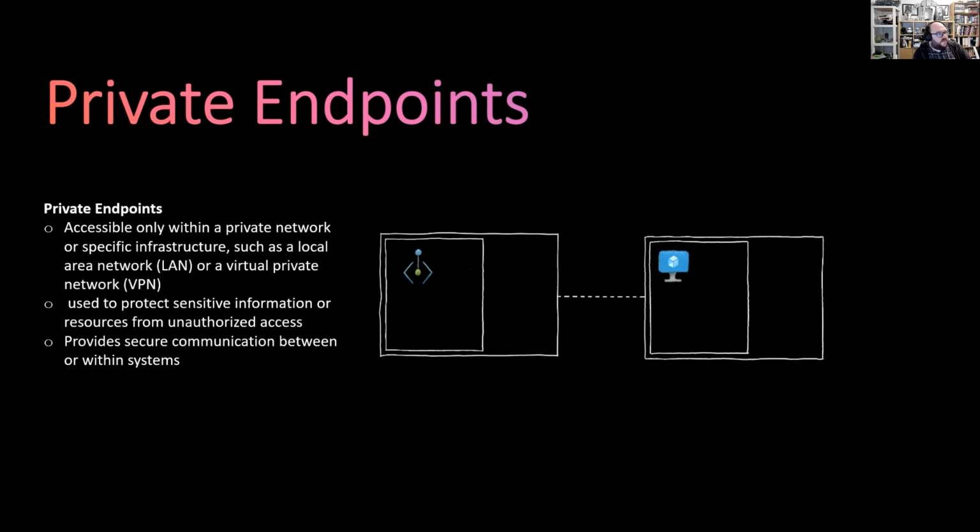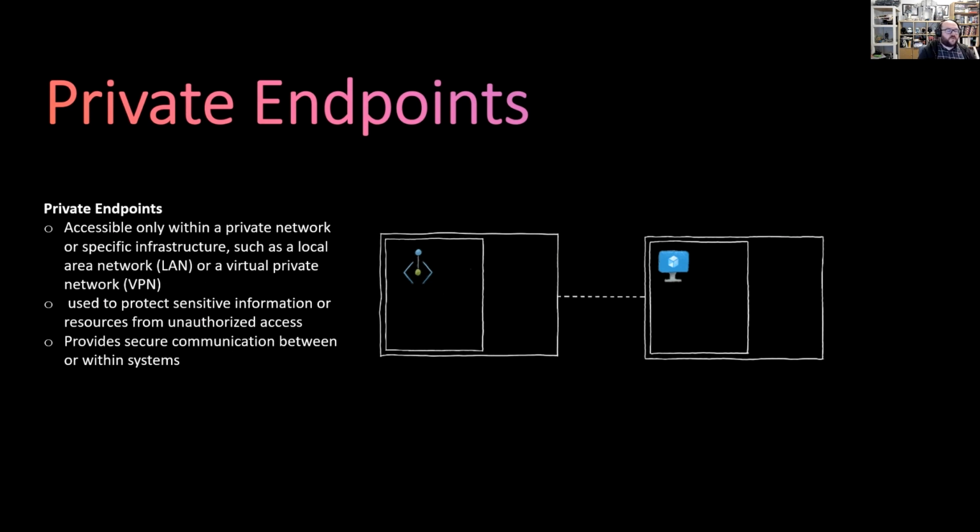Most of the time, the things that you're protecting this way are databases and services that hold sensitive information. The most common setup is that you would have a web front end that is running your code and querying things, but that's not where your data sits. Your data sits in a SQL Server or a Cosmos DB or even a storage account, something that removes it from the front edge of your network.